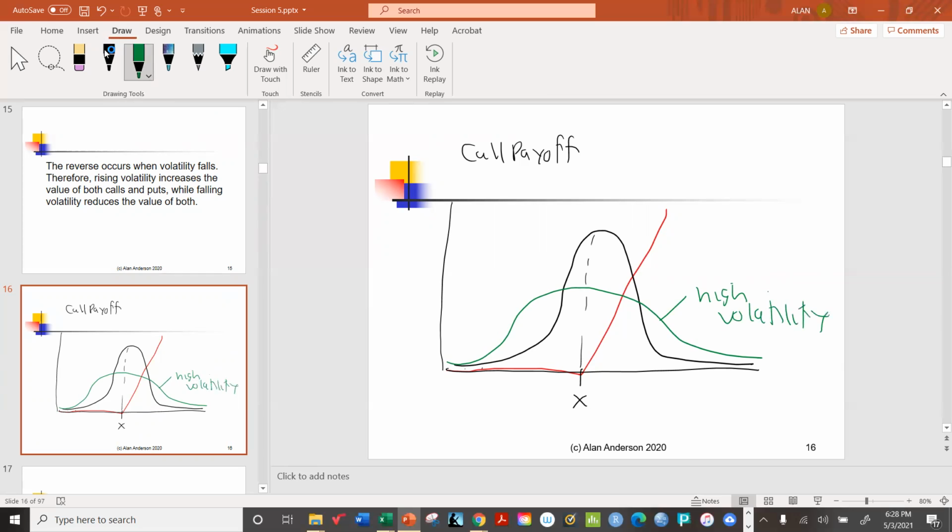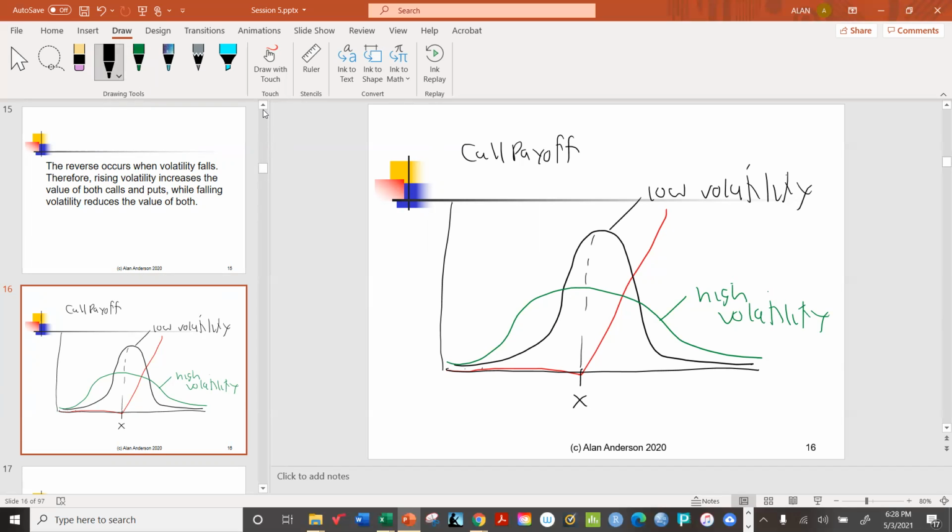Compared to the black one with low volatility, I've increased the chances of finishing above X and below X by having much more volatility. But if I finish above X, that's adding a lot more money to my pocket. If I finish below X, that's still just zero. Remember, the payoff down there is just zero. So there's an imbalance between gains and losses when I have high volatility.